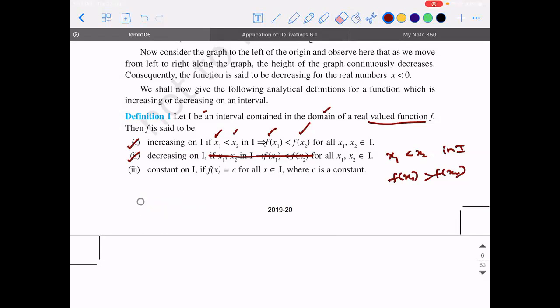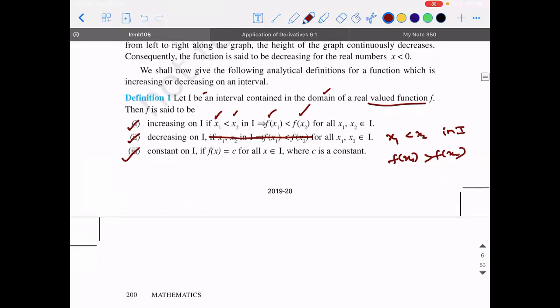This is wrong. I'm sorry. So a constant function is nothing but f of x is equal to c, means it's having a constant value of y in a given interval. That's it. I hope I'm clear with definition number 1.